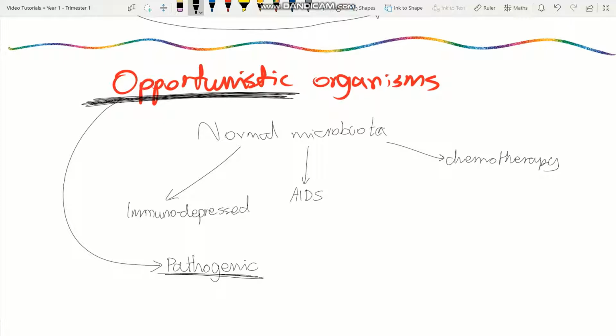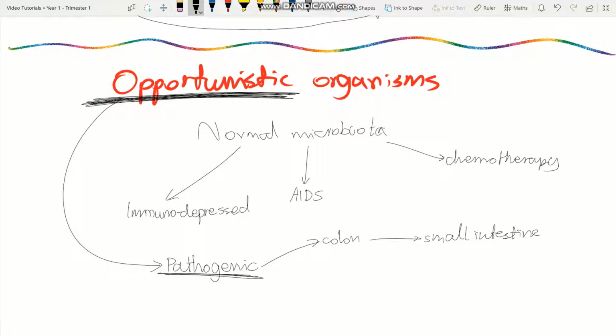And this is when we have infections such as thrush, or maybe even, for example, E. coli moving from the colon to, say, the small intestine, causing diarrhea and vomiting. And that's essentially when the mutual or commensal relationship becomes negative. And there are many different things that we can do to combat that.